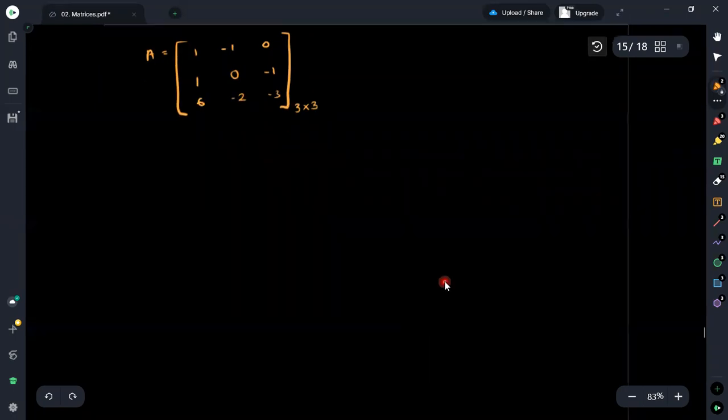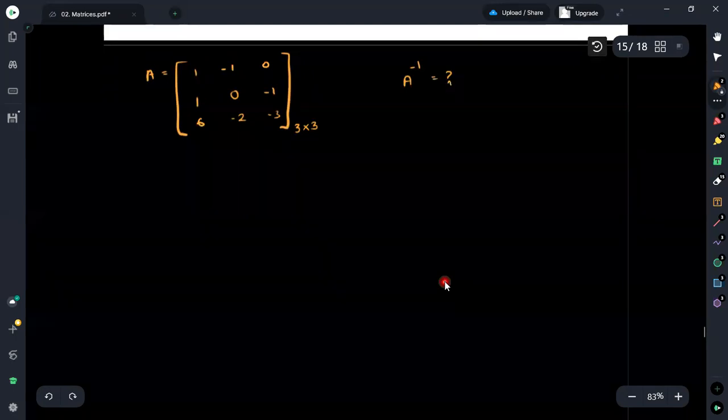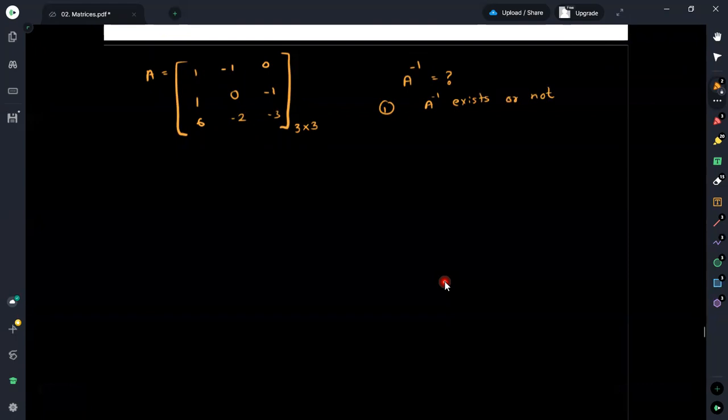Here we first need to find the value of A inverse. When we are going to find the inverse of a matrix, the first thing we need to check is whether A inverse exists or not.